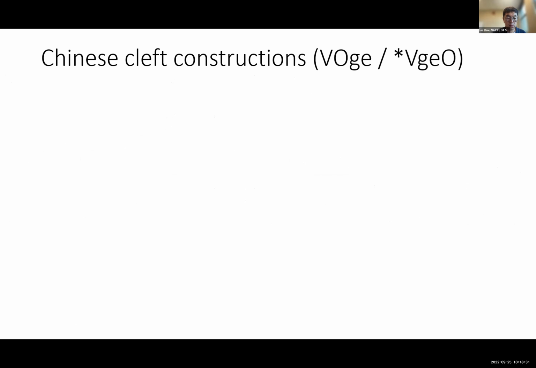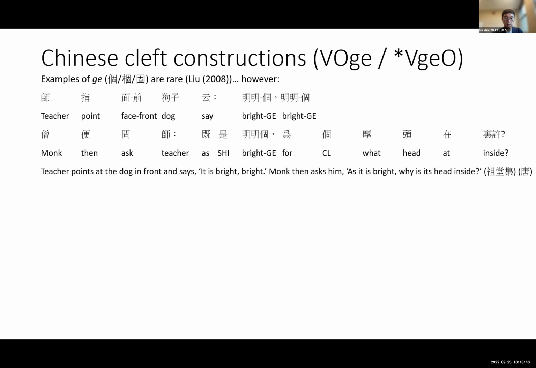With VOge and VgeO, however, examples of 个 are very rare. This has been omitted by most people. However, there are some examples which I'd like to show you. In the text that we saw before, 是指前面的狗的明明个分是鸡是明明的.